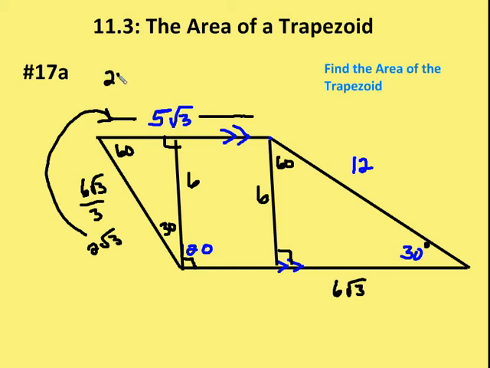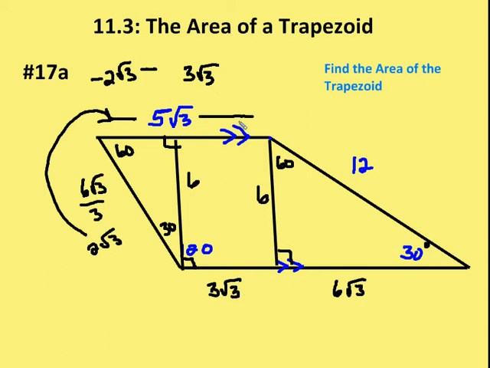So if this is 2√3, then this distance here is 3√3. And if this length here is 3√3, then I know this length here is 3√3.